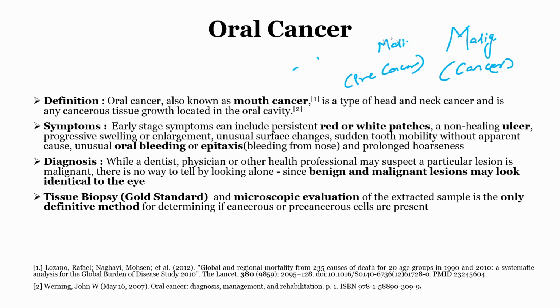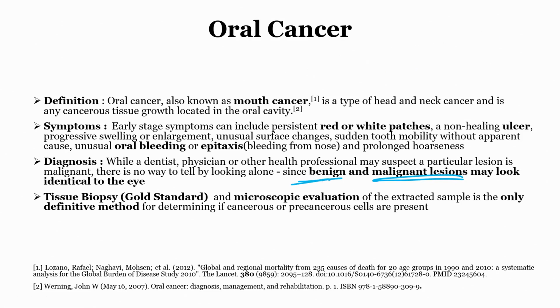It is difficult to know just by looking whether a person has a malignant lesion or it is just benign. So, we have to perform further tests. The screening cannot help us; it can just help us to understand whether a person should go for histology or not. When you cannot understand just by looking, you have to go for tissue biopsy.